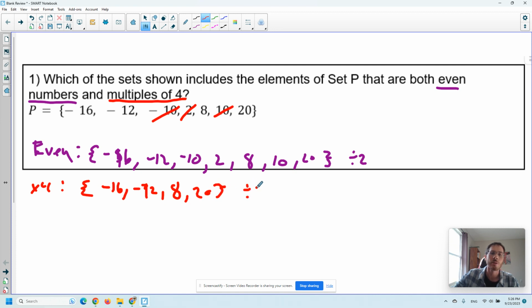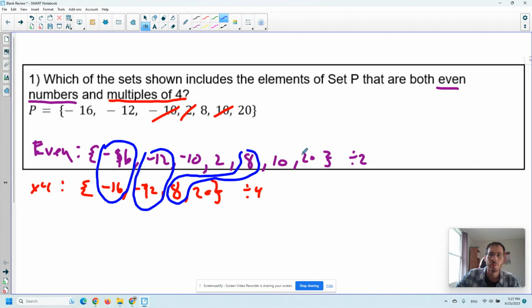So again, the idea is we're dividing by 4. What we've got to do is find everything that matches in both the purple and the red. We kind of know it's just all the numbers in red, because everything in set P was even. But to double check, negative 16's in both, negative 12's in both, 8 is in both, and 20 is in both.